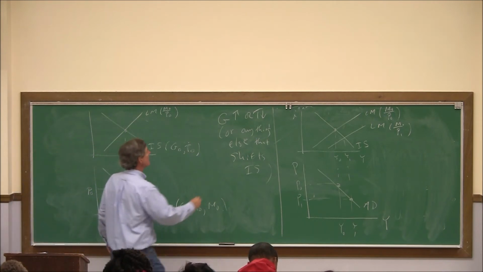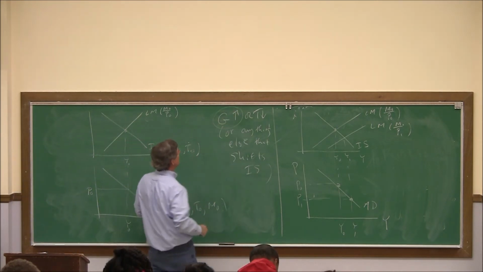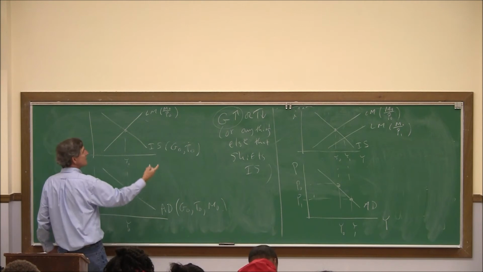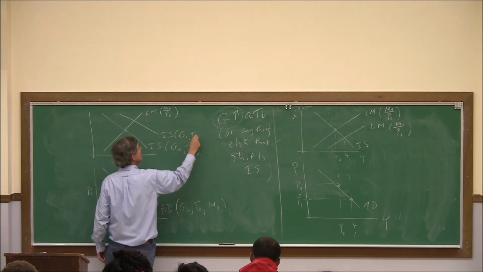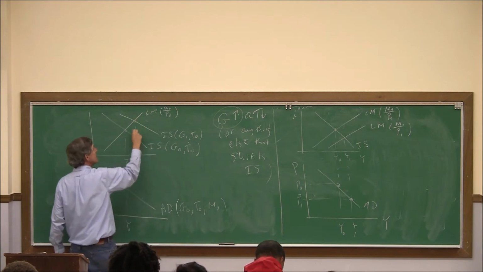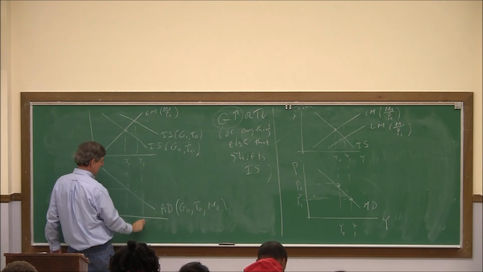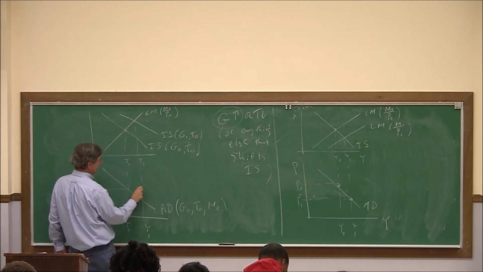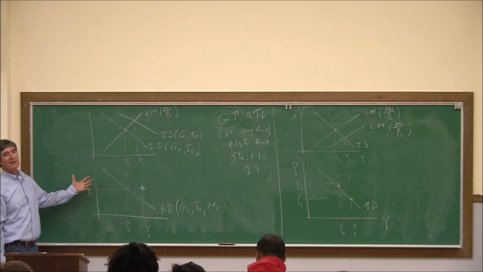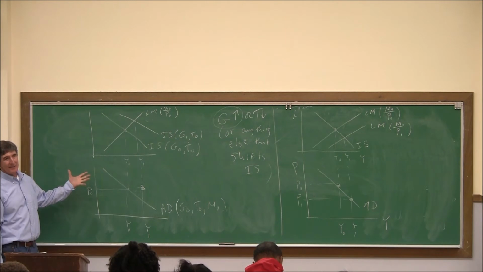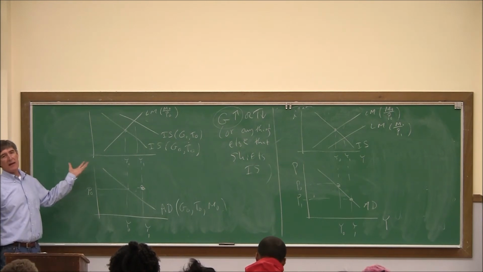So let me just focus on this one. Suppose government spending goes up, at IS G1 T0. Have it change the price, Y1. So at the same price, output is higher. Government spending goes up, aggregate demand goes up.